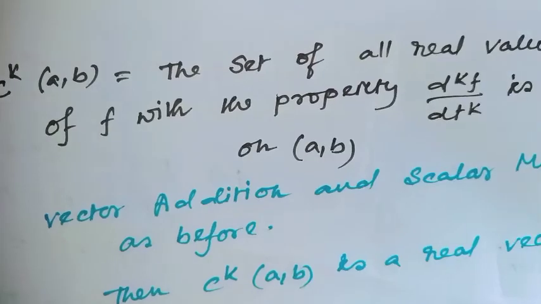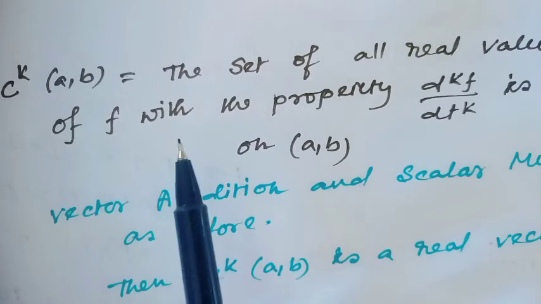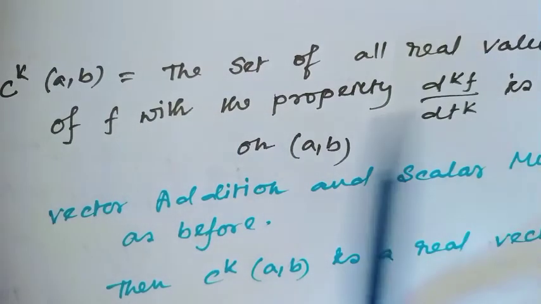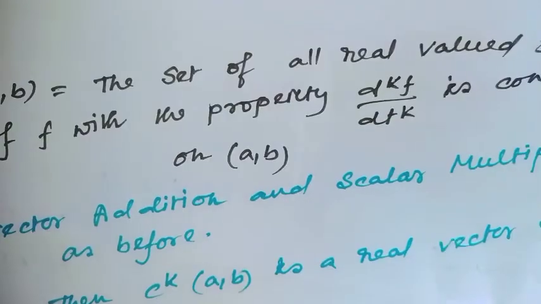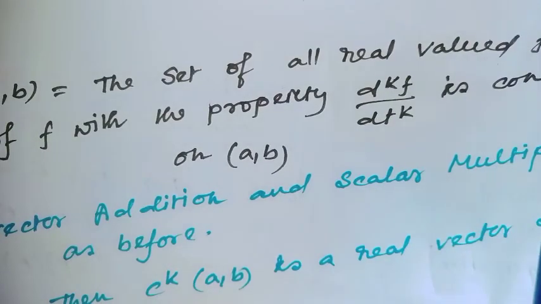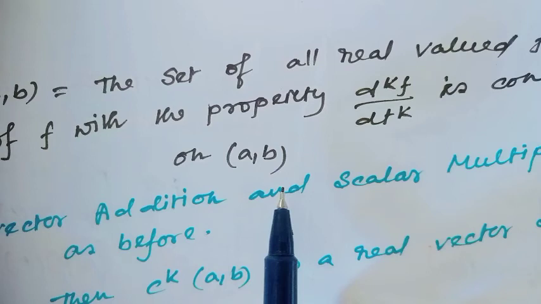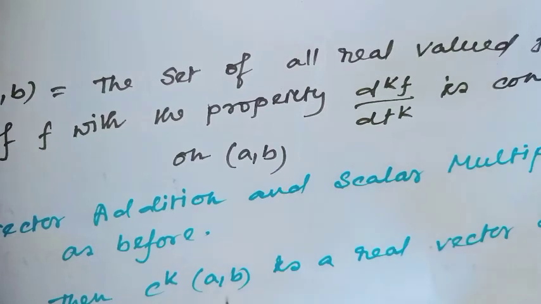Well, then C^k[a,b] means the set of all real valued functions with the property that the kth derivative is continuous on the interval [a,b]. Obviously this is the same as before, this is a vector space. Here vector addition and scalar multiplication would be as before.